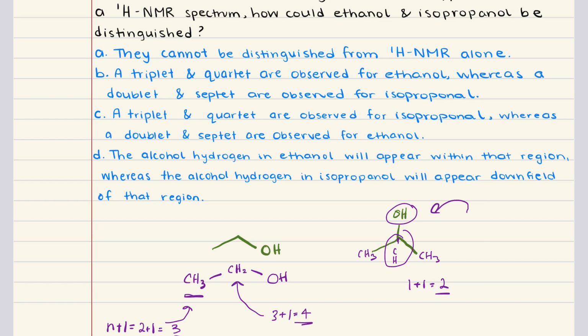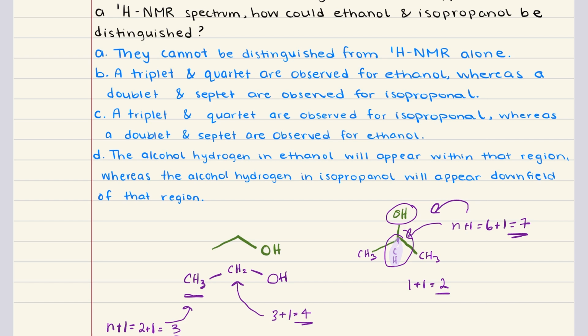Meanwhile, that central carbon that's bonded to just a single hydrogen has 6 equivalent protons from the 2 methyl groups as neighbors, which means that the splitting is N+1, which is equal to 6 plus 1. That gives rise to 7 peaks, or a septet.